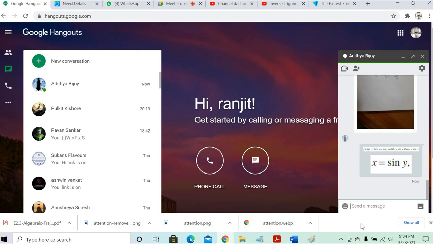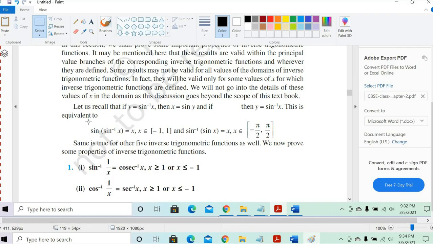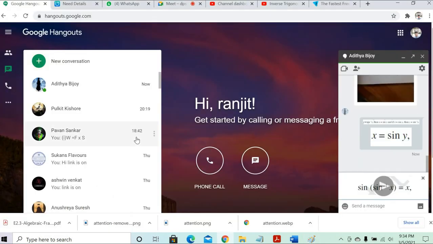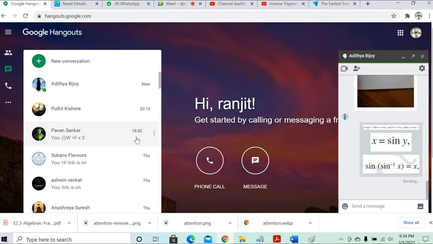So sine of sine inverse x is nothing but x only, because sine y was x and y is sine inverse x. So sine of sine inverse x is x. Clear?